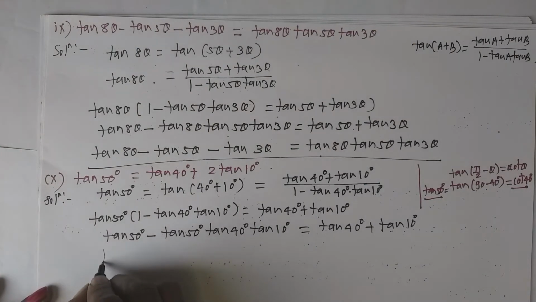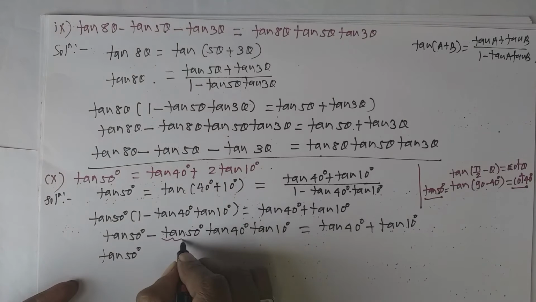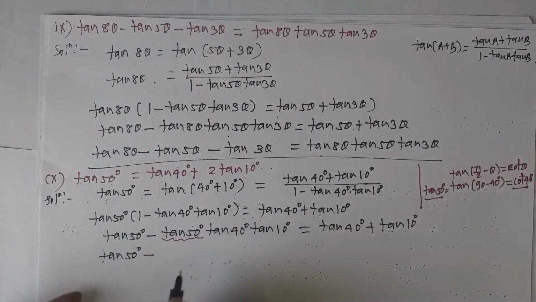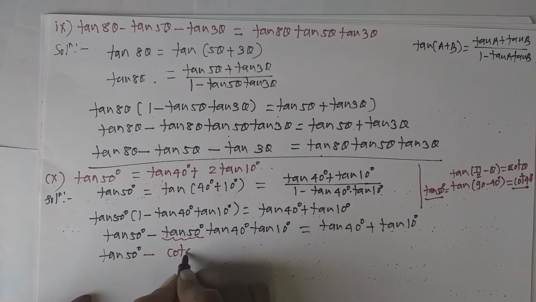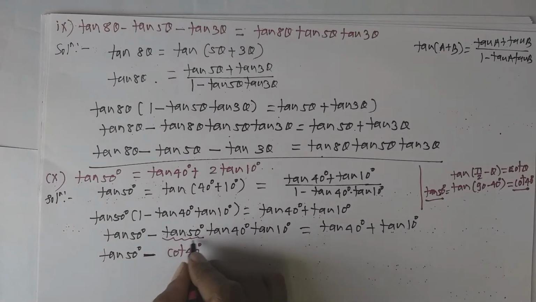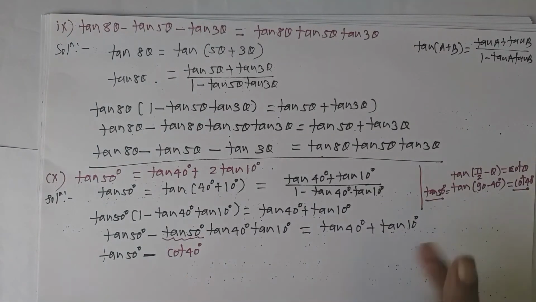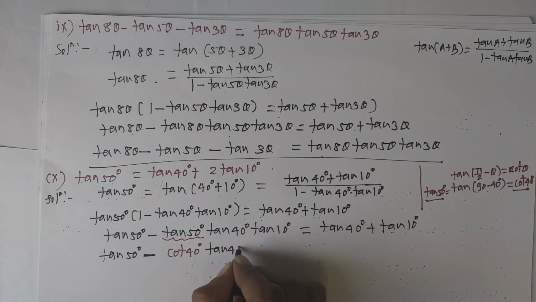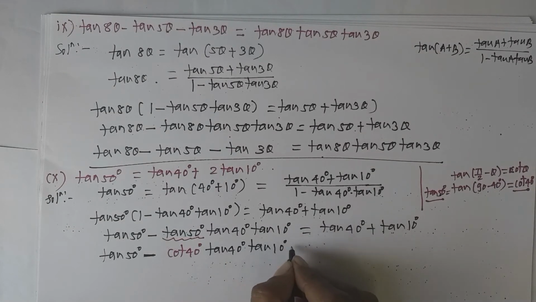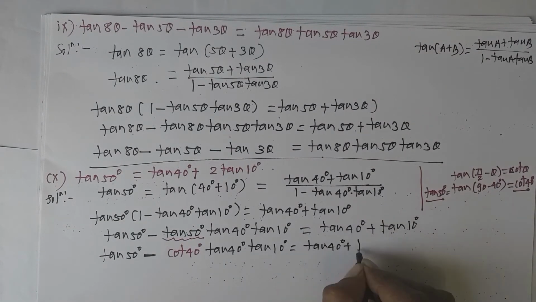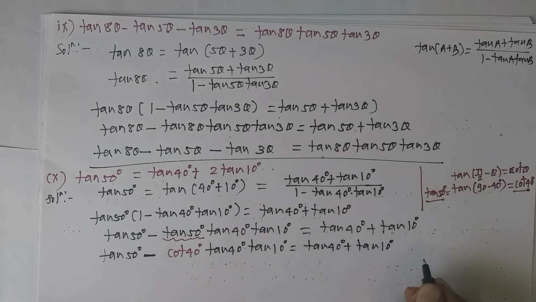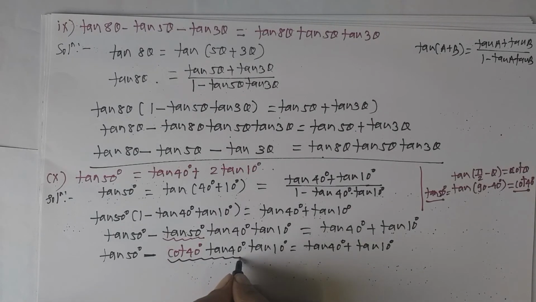Now see here, keep this tan 50 degree as it is, and for this tan 50 degree I am writing here cot 40 degree. See here, change. Then this tan 40 degree, tan 10 degree, and remaining terms as it is. And again we know that tan and cot are reciprocals of each other.